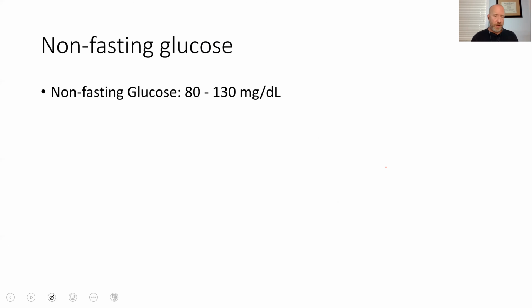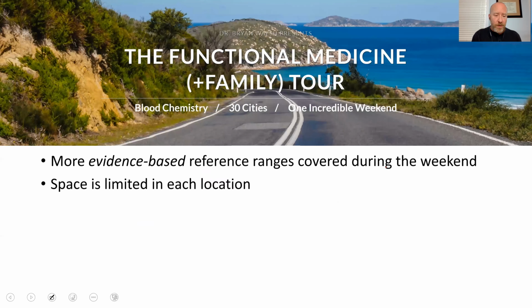We should be doing non-fasting glucose on people. We should have a glucometer that when they come into the office, we test that. And even if they ate, if it's above 130, then that's indicating, even if they have normal fasting glucose and a normal A1C, the papers are very clear on this, that the response to food in a postprandial fashion will show glucose dysregulation before, in many cases, an abnormal fasting glucose or A1C.